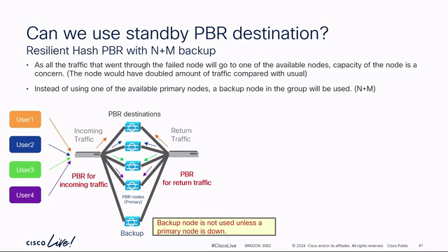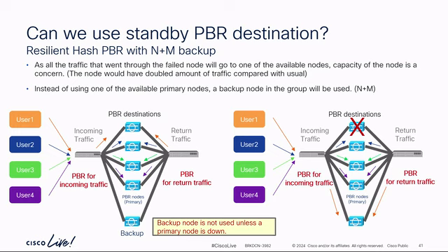The backup destination is not going to be used unless the primary node is down. If the first device is down, the orange flow will be redirected to the backup node. It's going to be additional investment, but comparing to the previous slide, you can potentially use, let's say, 80 or 90% of each device usage in the steady state.